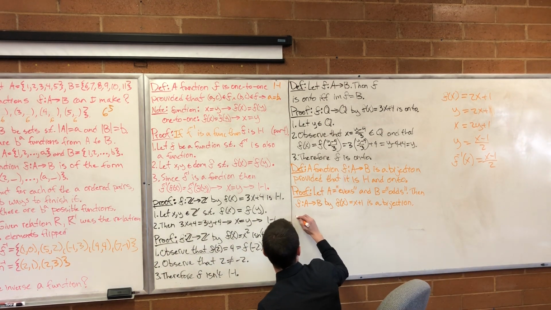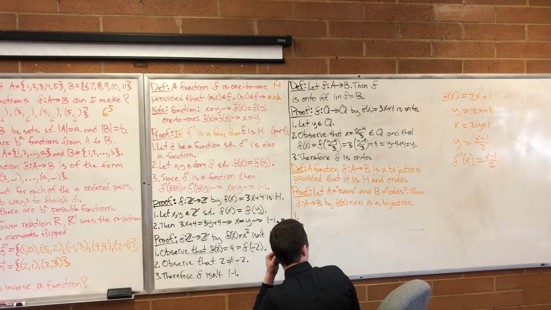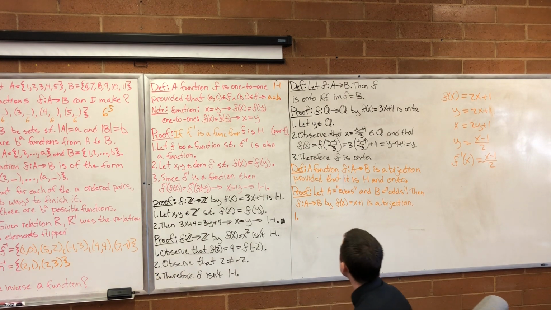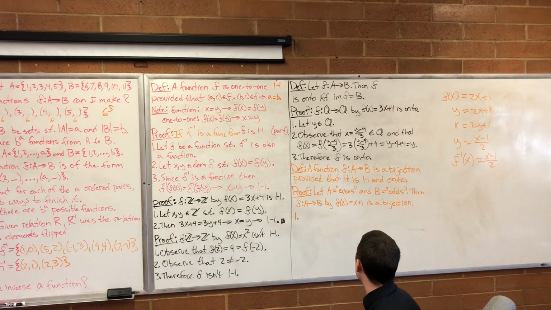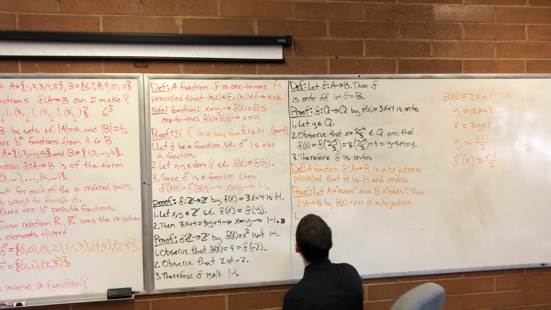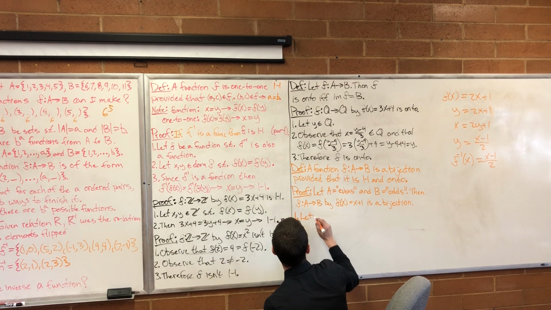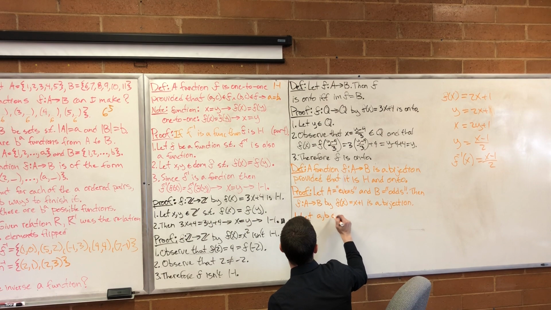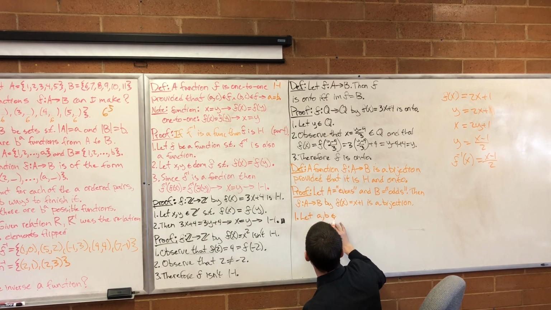Which one should we prove first? One-to-one? Okay, how do we prove that it's one-to-one? We prove that two images being the same implies the inputs are the same.